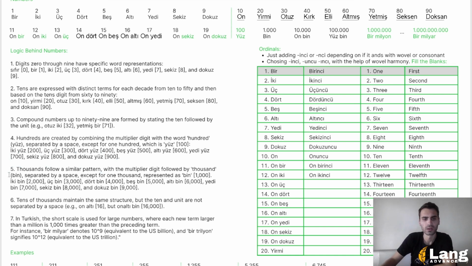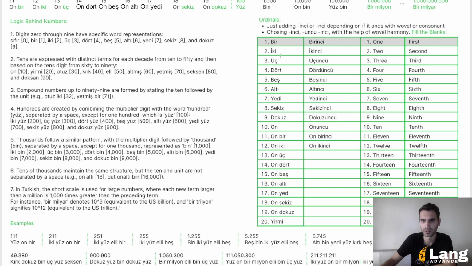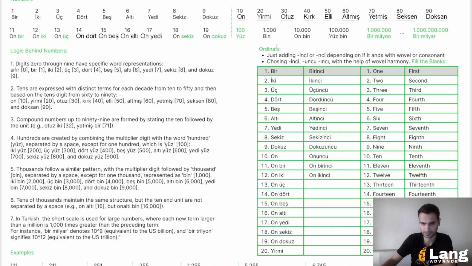Okay? It's thousands. Bin. Okay, thousands are the same as hundreds. Tens and thousands maintain the same structure. In Turkish, the short scale is used for large numbers. Yeah, million. Yes, we know this. So this part you know. 1, 2, 3, 4, 5.